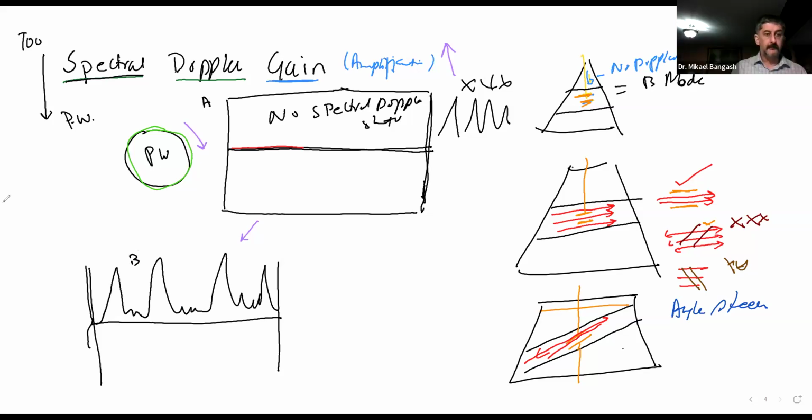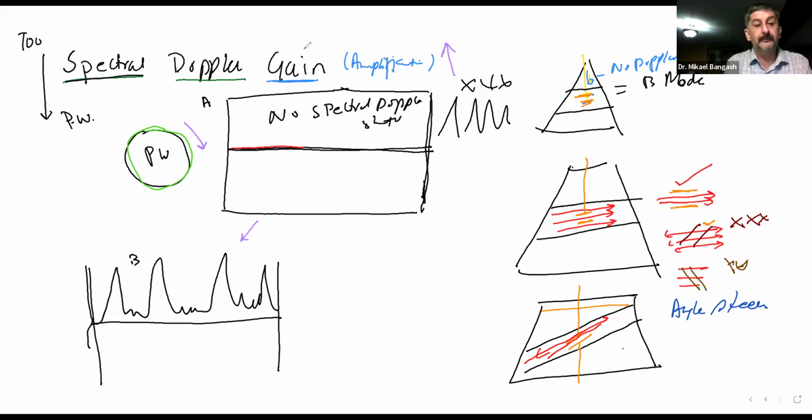Now, guys, just in regular amplification, regular receiver gain, if we kept on increasing the gain, or if we kept on amplifying the signal, what happened?